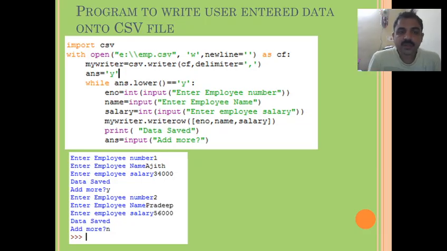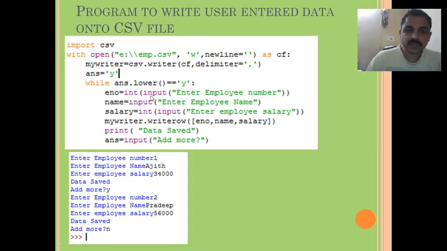Then after that we set ans equal to y. We initialize the value of ans as y, and ans.lower() equal to y. That means whatever the ans value is, it is converted to lowercase and checked whether it is a small y. If it is a small y, it will repeat. So this is mainly used for repeating the task.